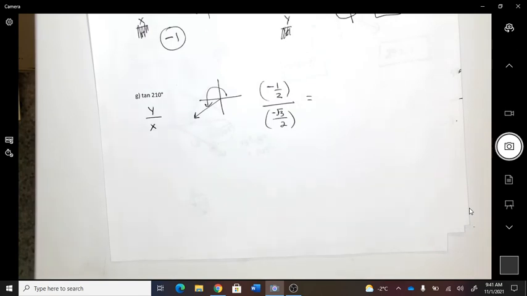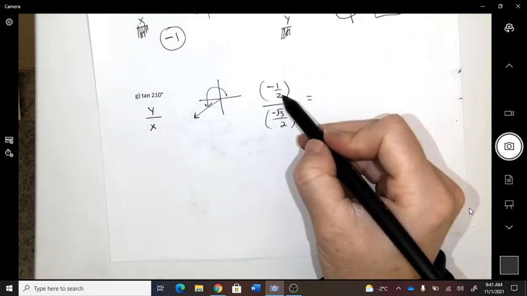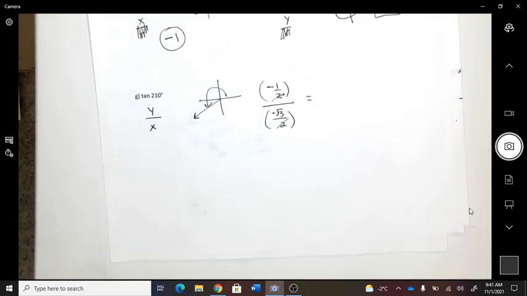That's the y number divided by the x. What will my answer turn out as, a negative or a positive answer? Positive, because I saw 2 negatives in there, so my answer is positive. And are we okay to understand that those 2's are going to cancel?